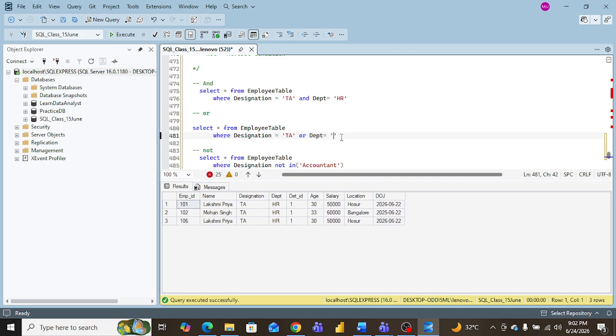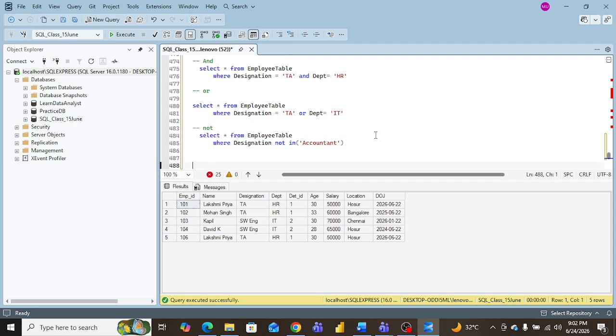Department is IT. So it means any one condition. It means we are getting both, not the accounting. Why? Because the TA condition is also true and the IT condition is true, but they are displaying different results. Got it? Okay. What now, and what am I going to do?